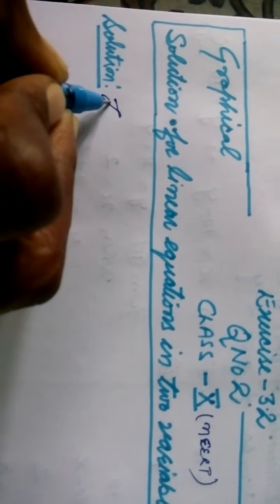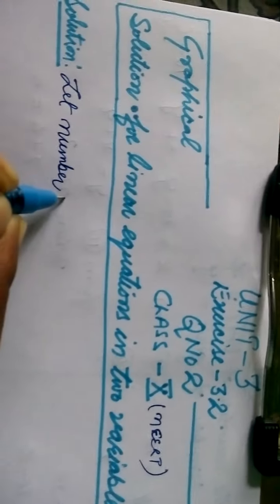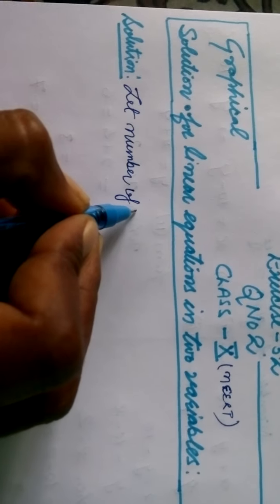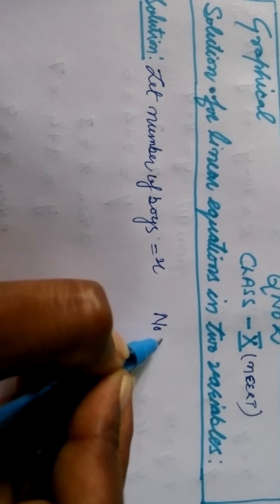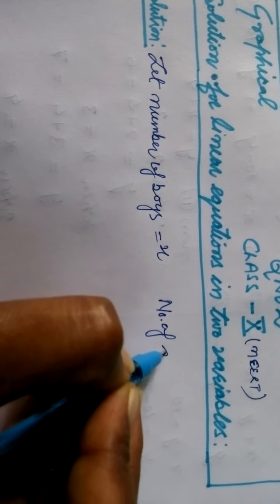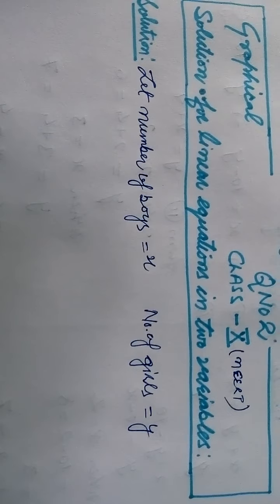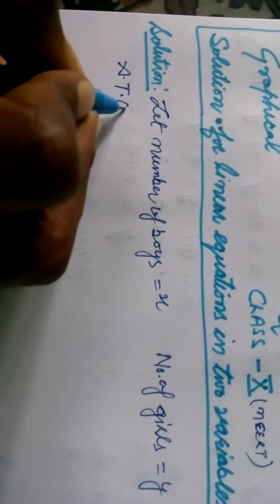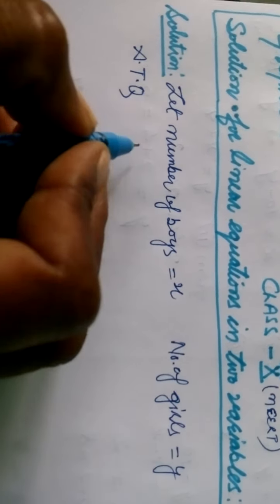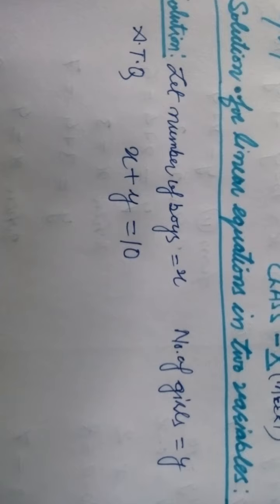So let the number of boys be equal to x, and the number of girls equal to y. Now, what was the first condition? In total there were 10 students, so the first equation will be: number of boys plus number of girls is 10.